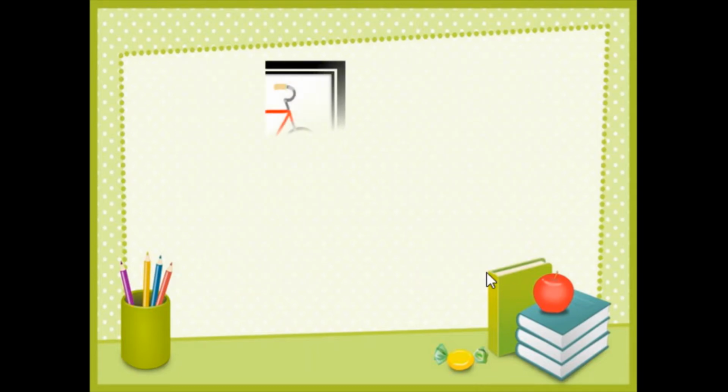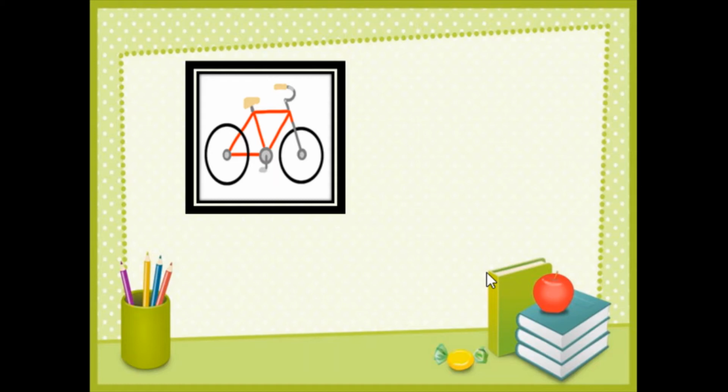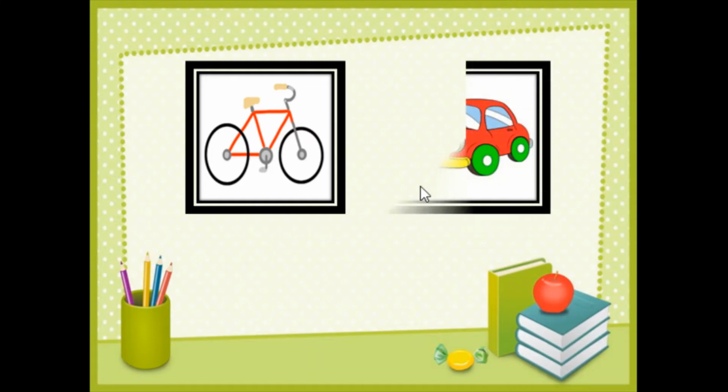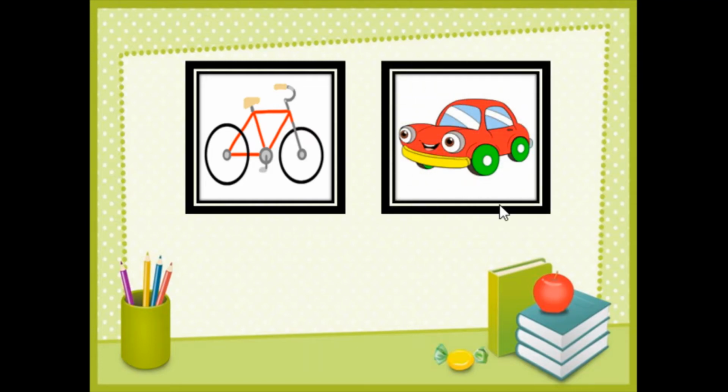Alright, let's move on. What picture can you see? Okay, it is a bicycle. How about this picture? What is this? Great job! It is a car. Is a bicycle heavy or light compared to a car?